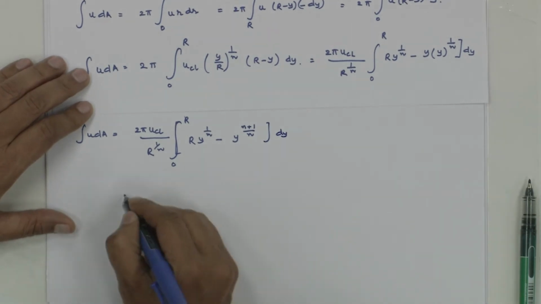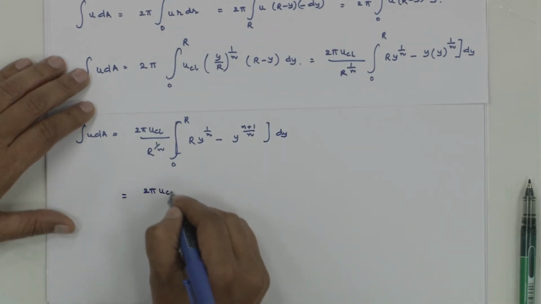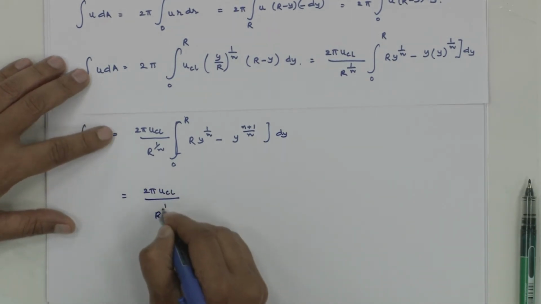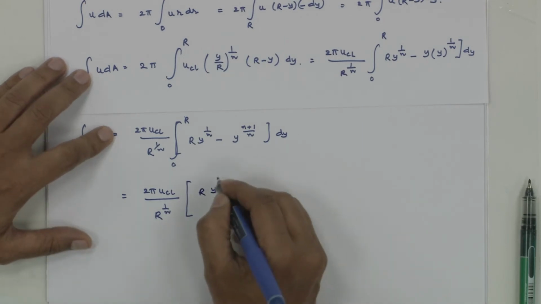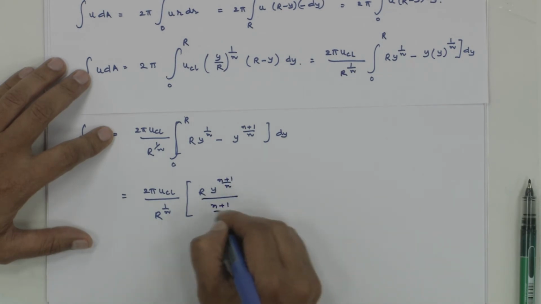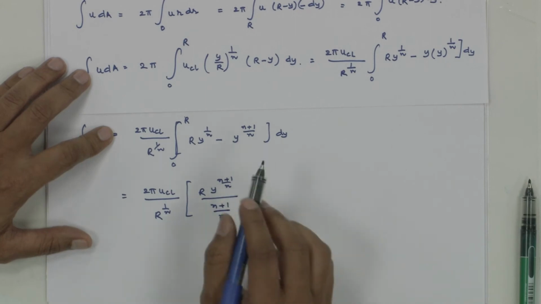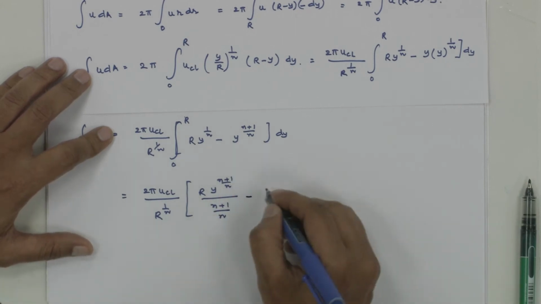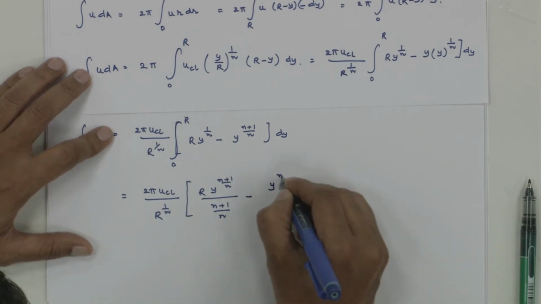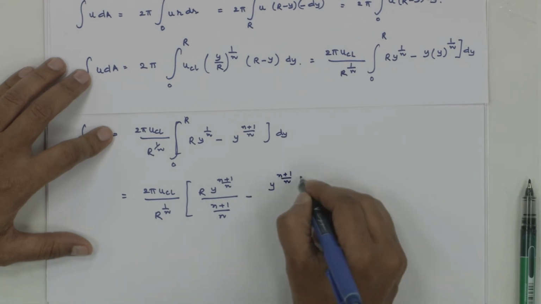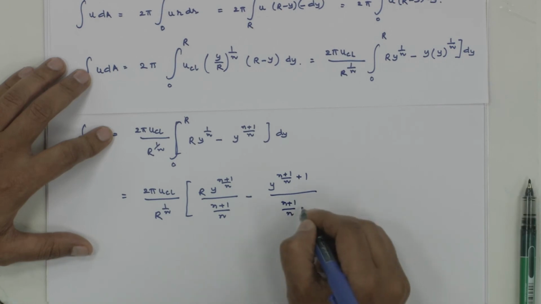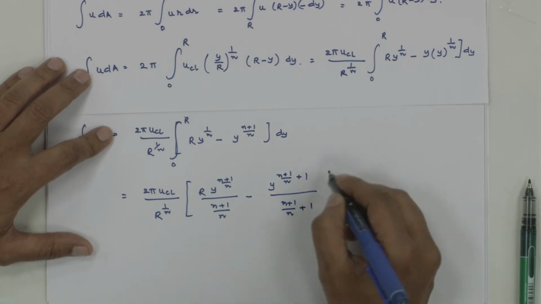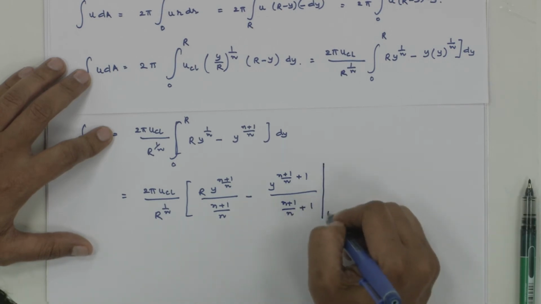Now, 2π u_CL upon r^(1/n), if I integrate this, r y^((n+1)/n) upon (n+1)/n, that is 1 + 1/n, I have written like that, minus y^((n+1)/n + 1) upon (n+1)/n + 1 within the limits 0 to r.